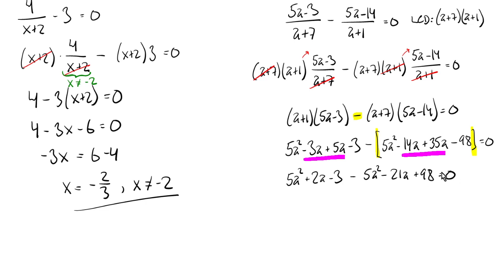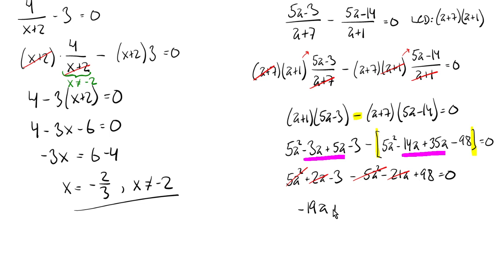Now we can start combining like terms. We see that 5a squared cancels here. And then we have 2a minus 21a. That's going to be negative 19a. And then we have negative 3 plus 98.